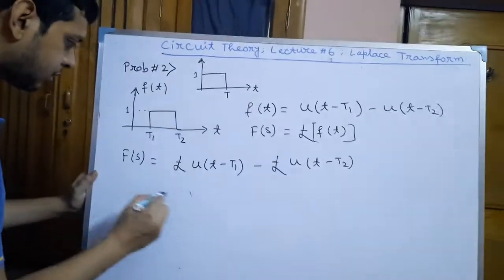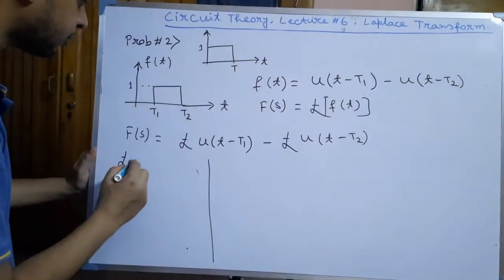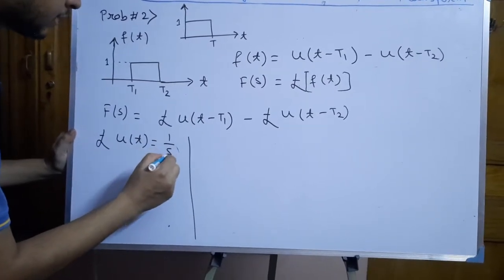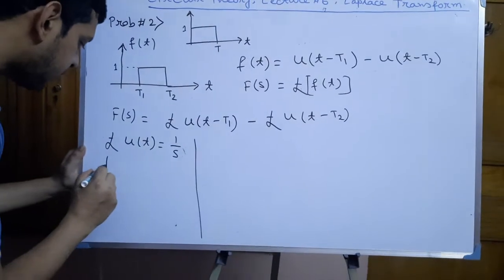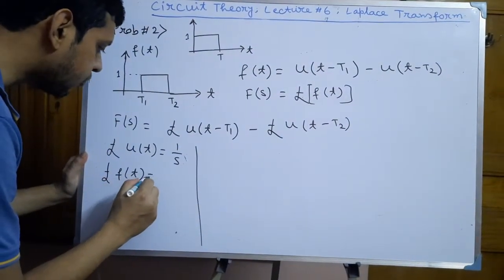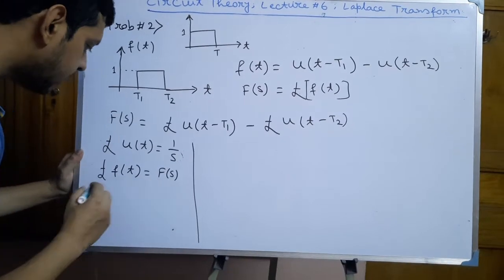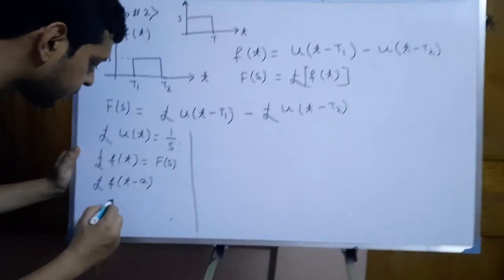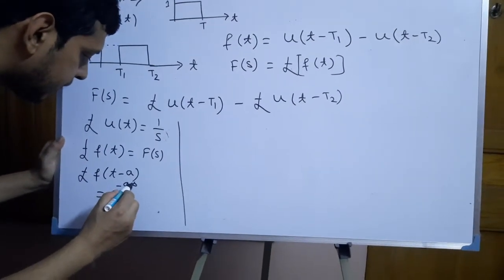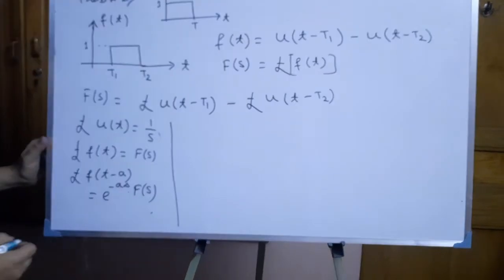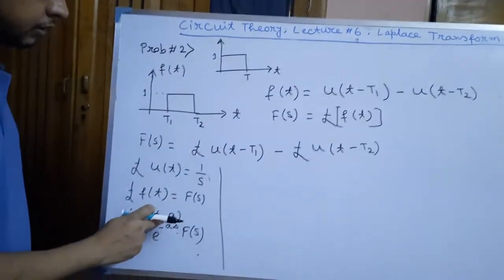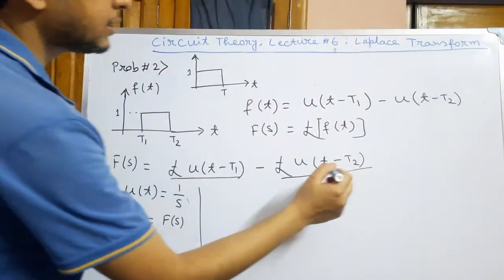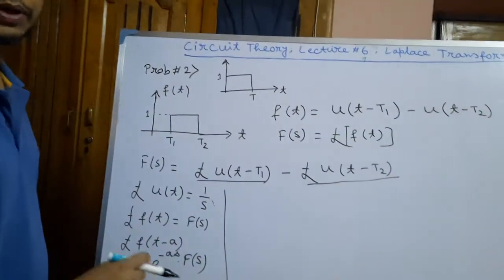Now we all know that the Laplace transform of u(t) equal to 1 by s, and if the Laplace transform of f(t) equal to F(s), then the Laplace transform of f(t minus a) equal to e to the power minus as F(s). This is a delayed function, the amount of delay is a. These two are also delayed functions, delayed unit step functions.